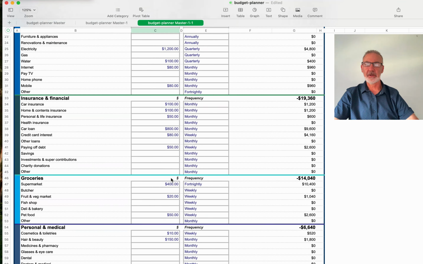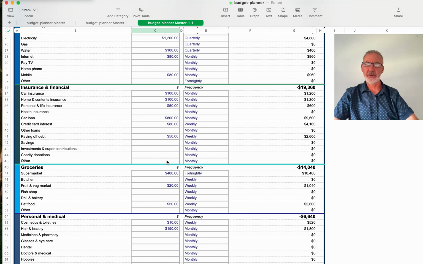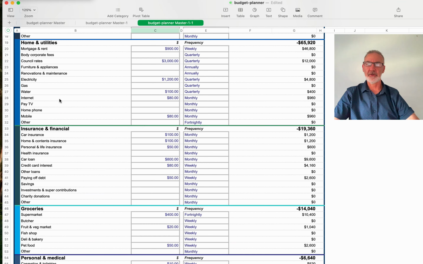But remember, things like fuel are quite variable, even electricity and gas. Those are the sort of things that can go up, amongst other things, groceries and that.